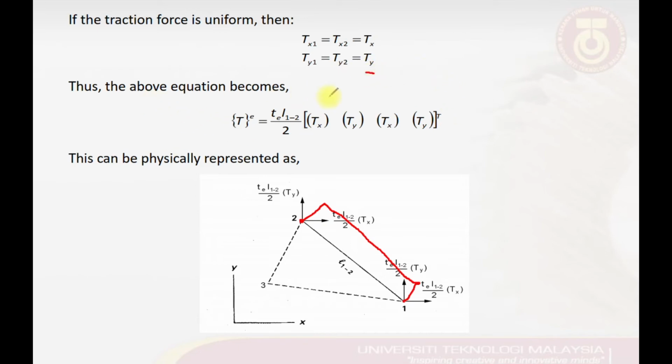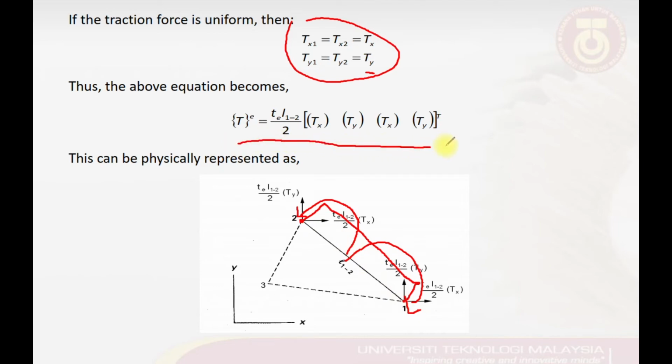Thus, this equation must be transferred into the equivalent nodal force vector in both the x and y direction, acting at nodes number 1 and number 2, by distributing it equivalently in both directions by solving these equations.